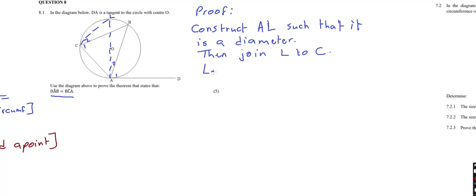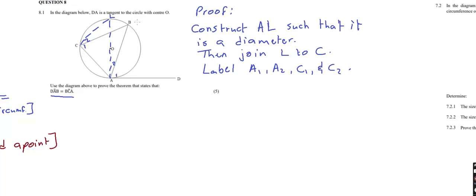So let's just add it. Label A1, A2, C1, and C2. Okay? Because that was all part of our construction.